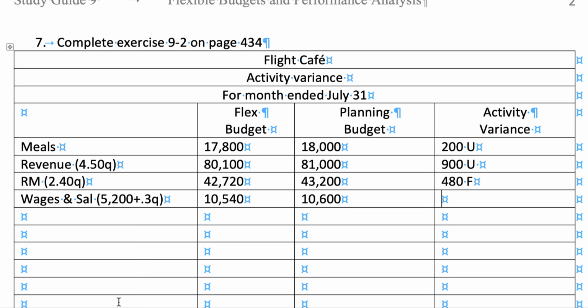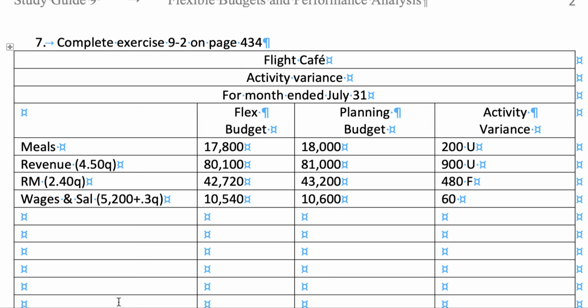So let's look at wages and salaries. Right off the bat, there is a $60 difference. Okay, well, let's think about that. Based on actual output, our cost for wages and salaries should be $10,540. We planned, based on 18,000 meals, for our wages and salaries to be $10,600.